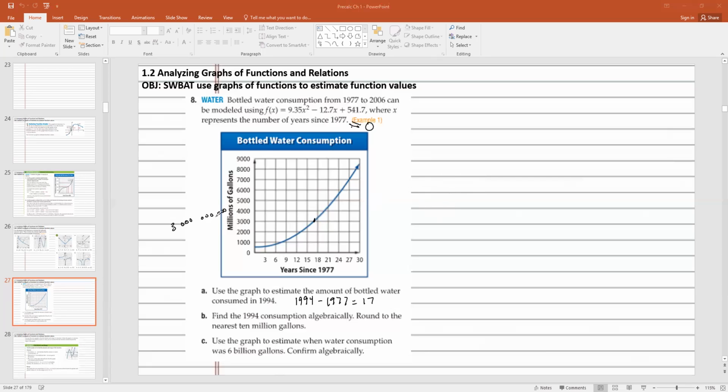So it's actually 3 billion. These are all billions there. So 3 billion gallons. That's a lot.